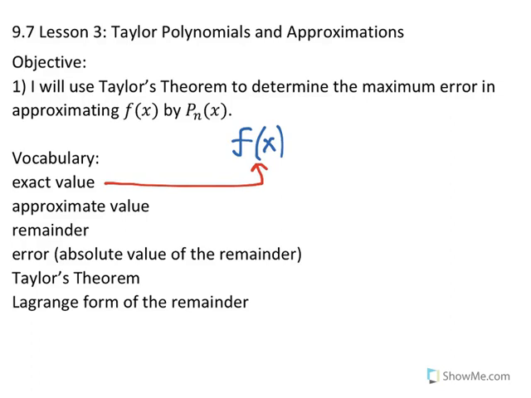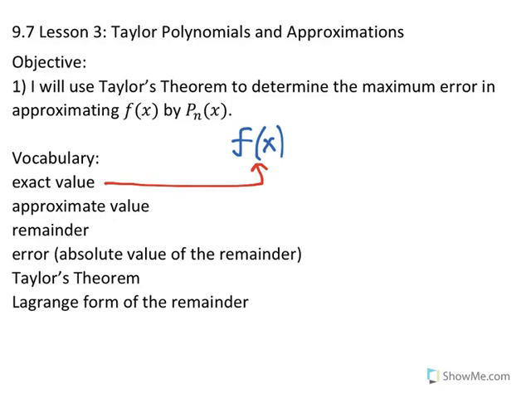Now, yesterday and the day before, we learned about nth degree Taylor polynomial approximations for f centered at c. So we can approximate a function with an nth degree Taylor polynomial centered at c.